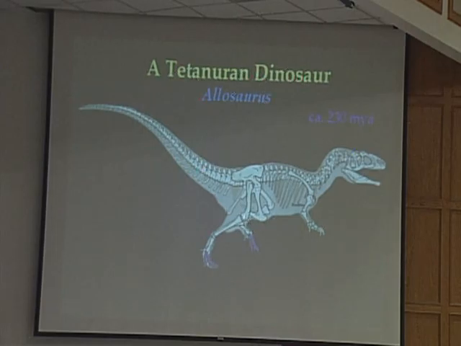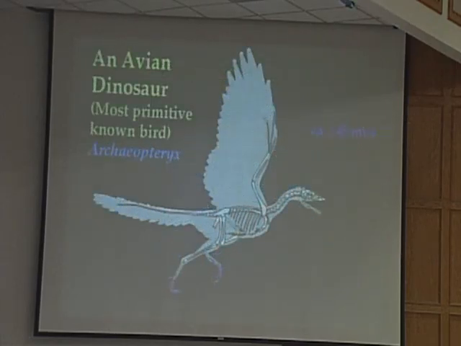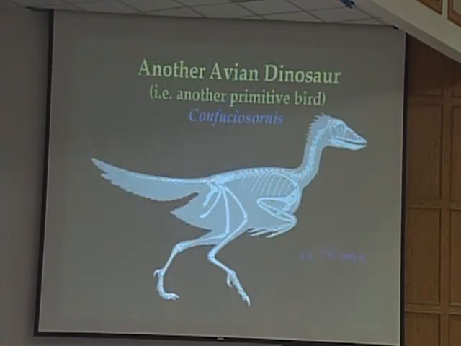A tetanuran dinosaur like Allosaurus, which was a huge tetanuran. A maniraptoran dinosaur like Velociraptor. These are believed to be the closest relatives to birds. An avian dinosaur, the most primitive known bird, Archaeopteryx. Another avian dinosaur called Confuciusornis.